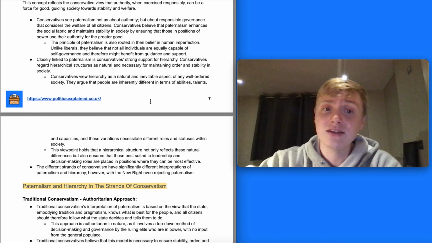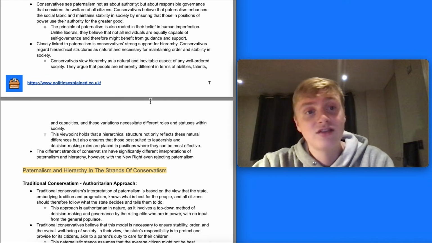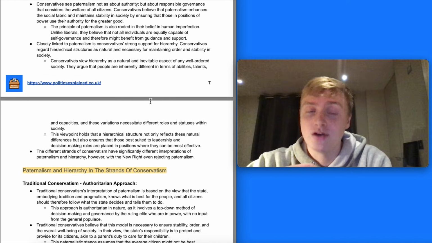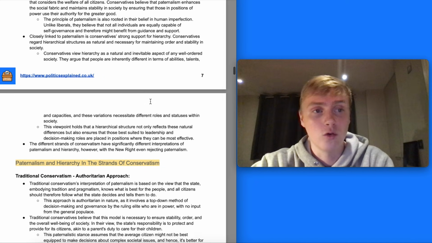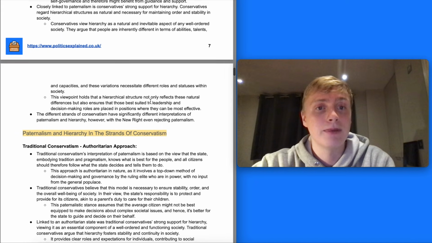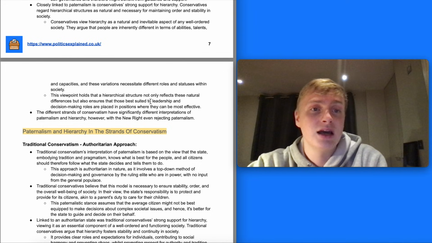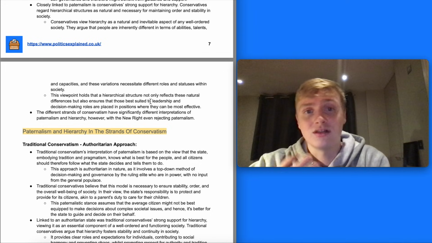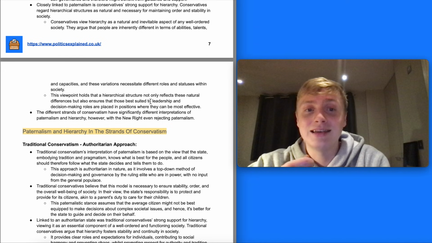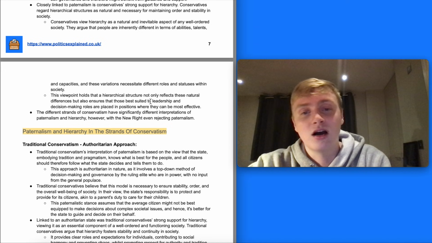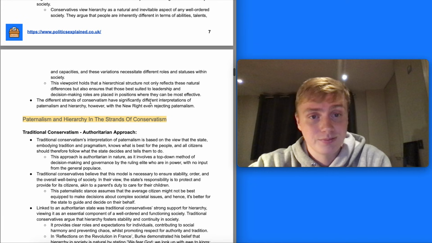And this is closely linked to their support for hierarchy. They regard hierarchical structures as natural in society and necessary for maintaining order and stability. They view it as a natural, inevitable aspect of any well-ordered society, and argue that people are inherently different in terms of their abilities, talents, and capabilities, and this leads to different roles and statuses, and this hierarchy within society.